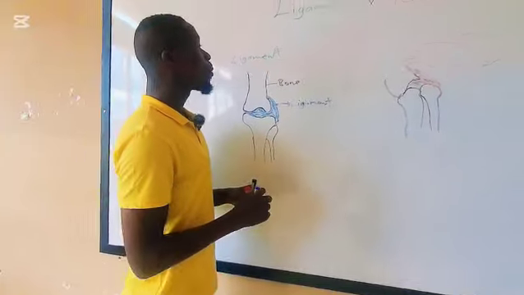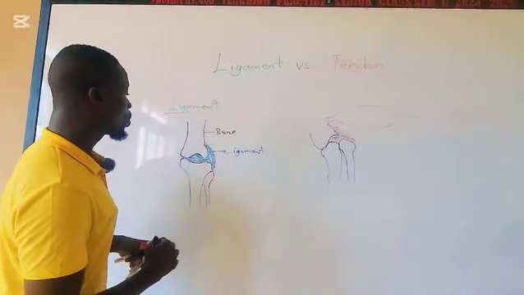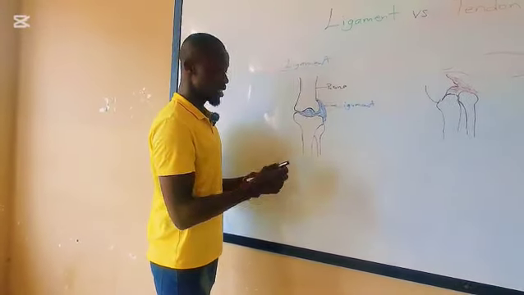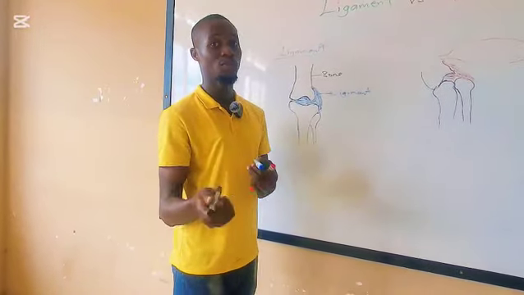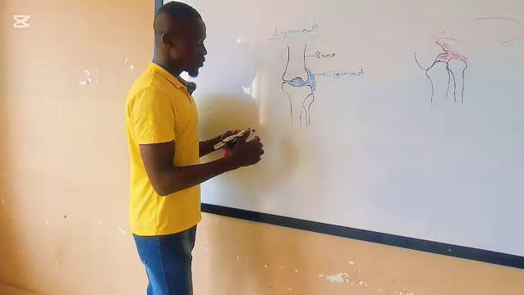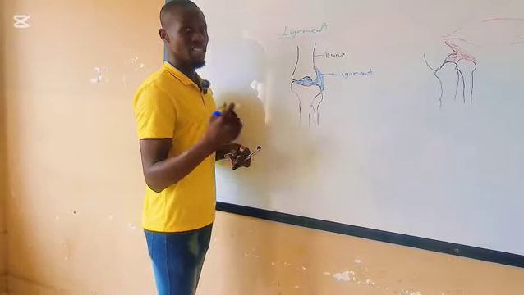All right. So the next thing we want to look at is that ligaments are less elastic. That means they have less movement in terms of elasticity. If you look at an example of a ligament, you can look at the ACL.